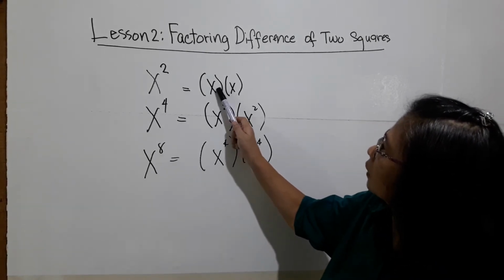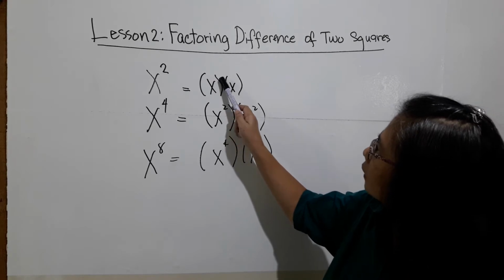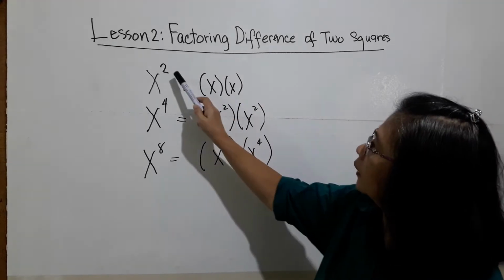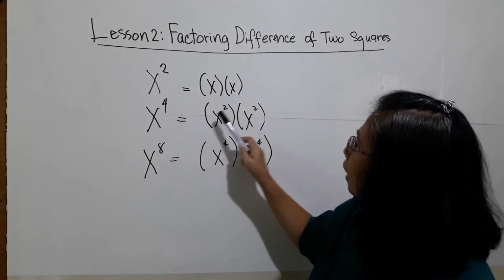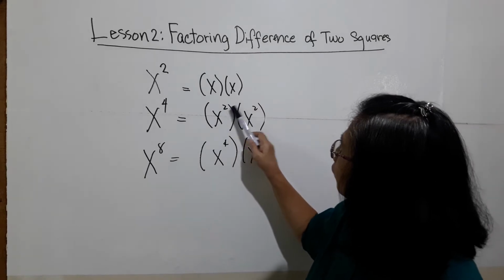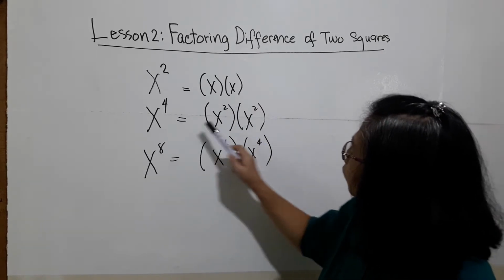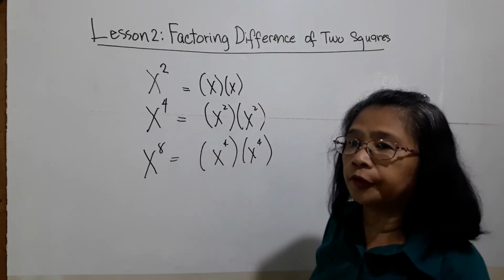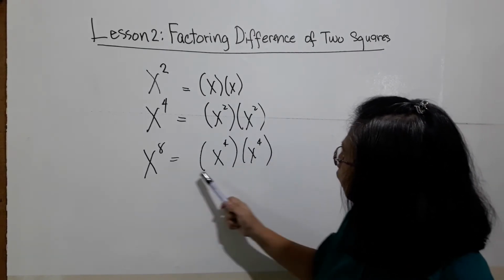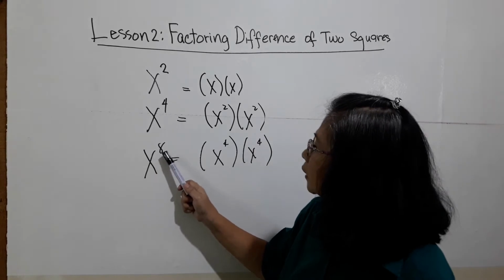Here the exponent is 1: x to the first power multiplied to x to the first power gives x squared. What about here? x squared times x squared will give you x to the 4th. X to the 4th times x to the 4th will give you x to the 8th.